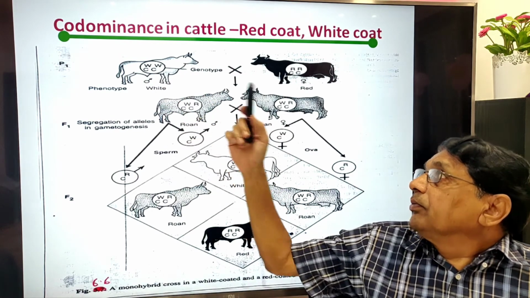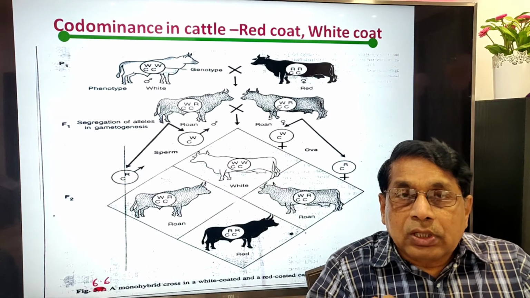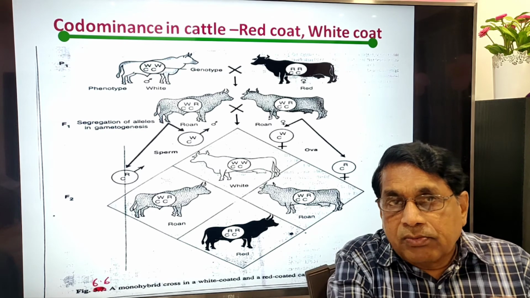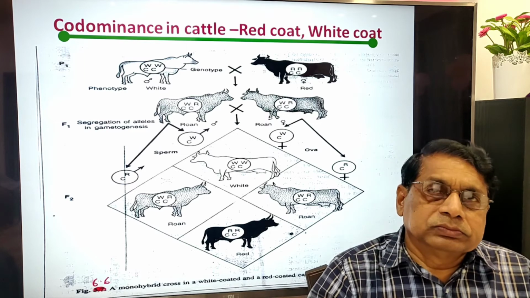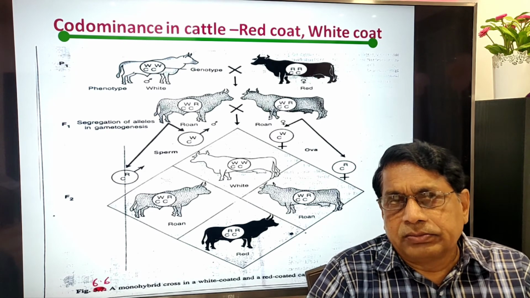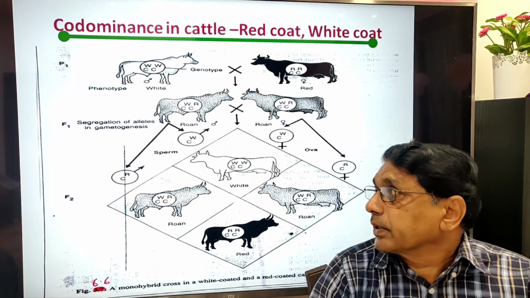In F1, roan appeared. Roan colored means the skin will be with patches. Some patches are red, some patches are white, side by side. Both are expressed side by side. That means one character is not interfering with the other character.